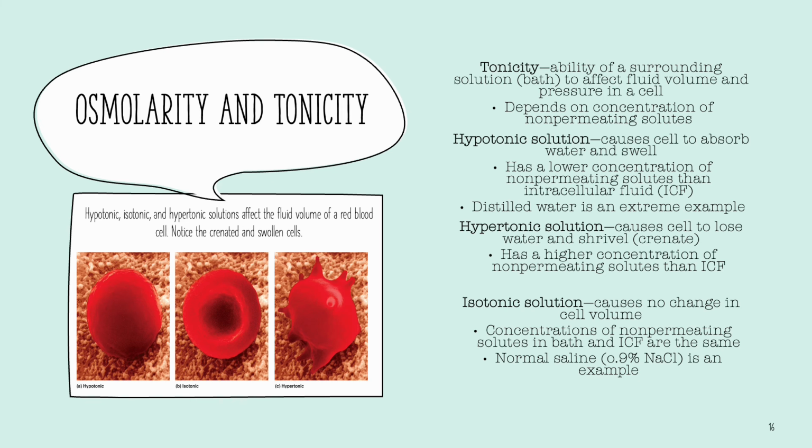Okay? So we have a hypotonic solution. It causes the cell to absorb the water and to swell. That would be this little guy right here. It has a lower concentration of non-permeating solute than intracellular fluid. Distilled water is a perfect example of this.